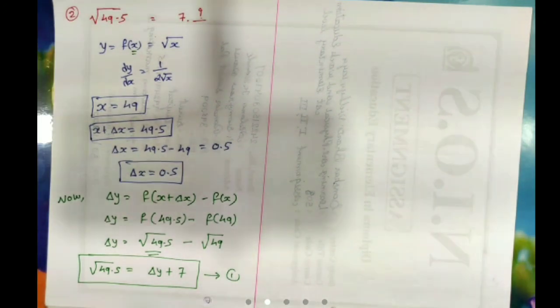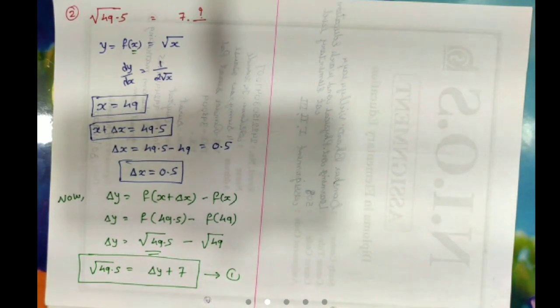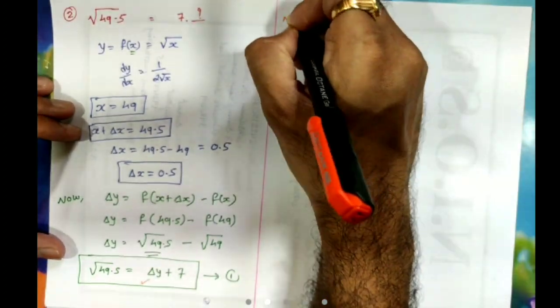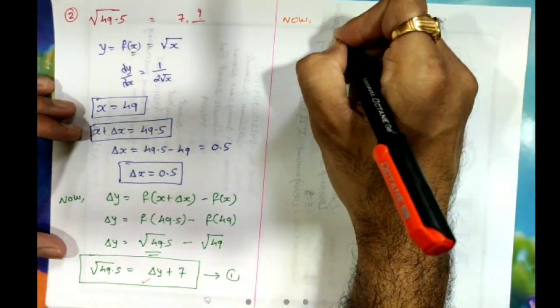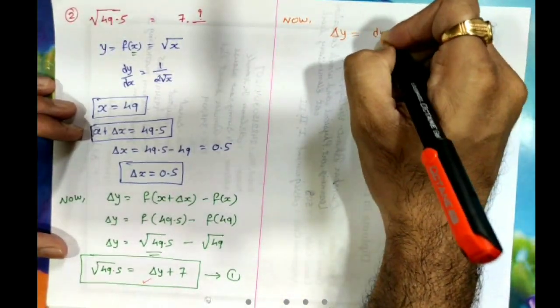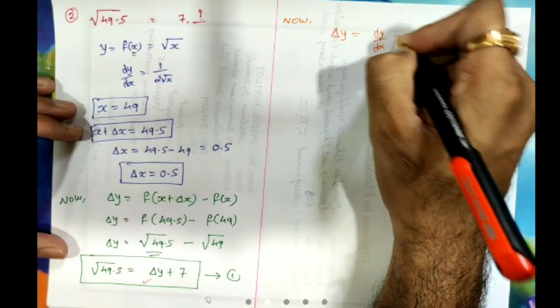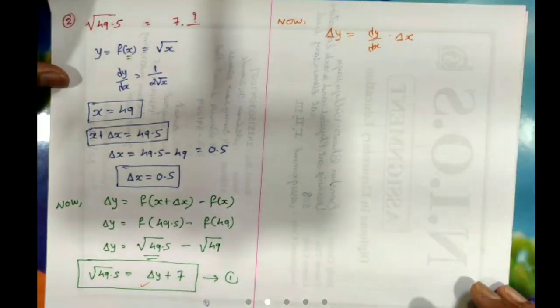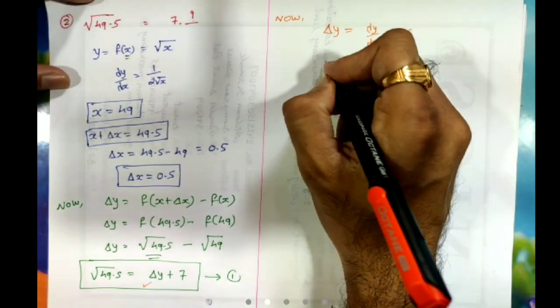After equation number 1, again we have to find the value of this delta y. So now we can find our delta y by using our formula. Delta y is nothing but dy by dx into delta x.